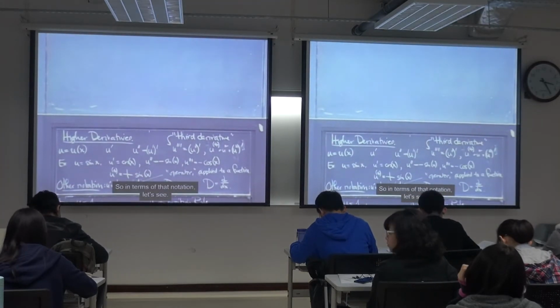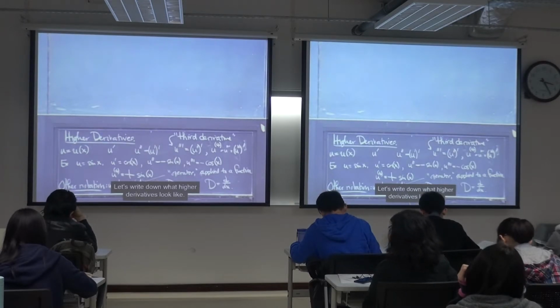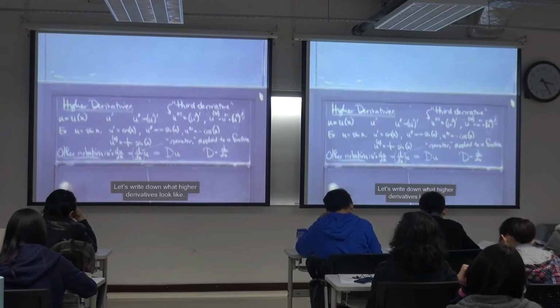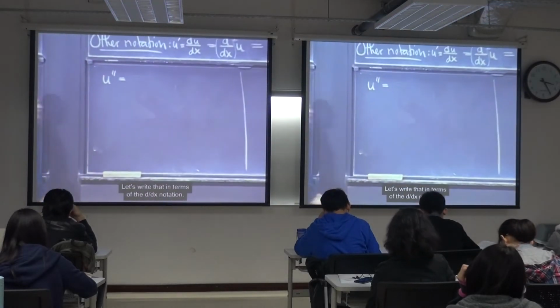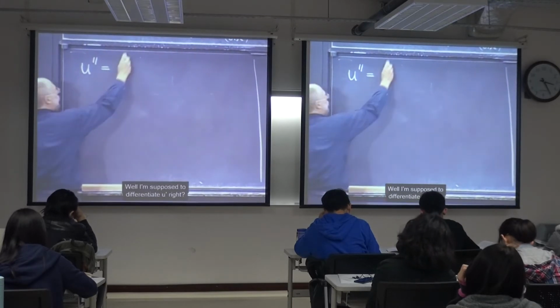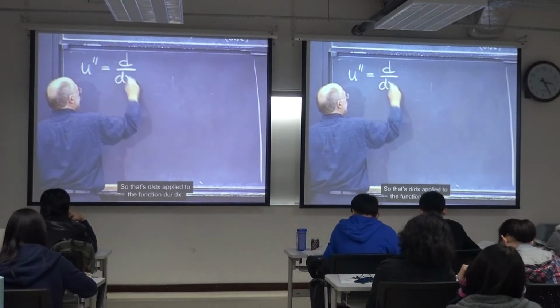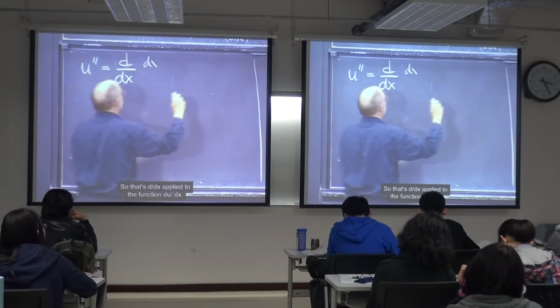So in terms of our notation, let's write down what higher derivatives look like. So that's what u prime is. How about u prime prime? Let's write that in terms of the d dx notation. Well, I'm supposed to differentiate u prime, right? So that's d dx applied to the function du dx.